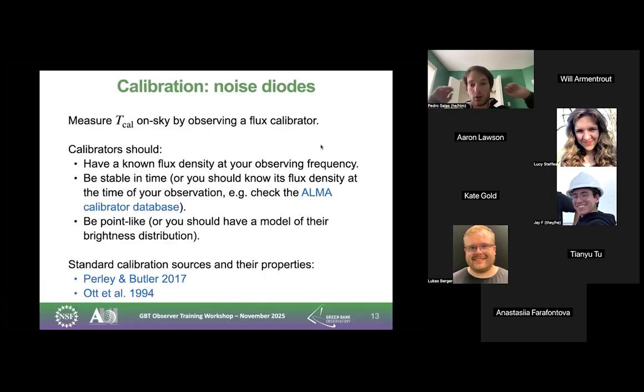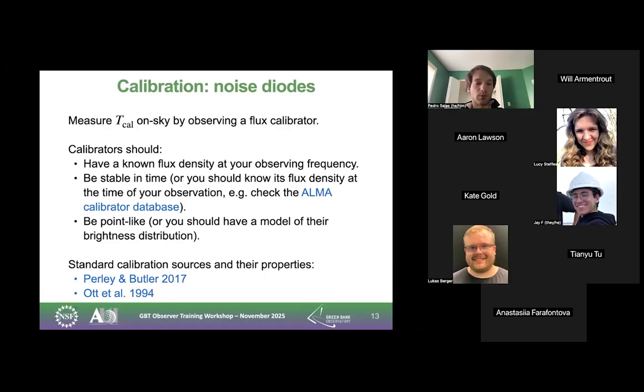Now, I've spoken a lot about this, but how do we do it, basically? If you're observing at low frequencies, let's say below 30 gigahertz, there are a bunch of sources which are quite stable in time, known as the Perley and Butler sources.